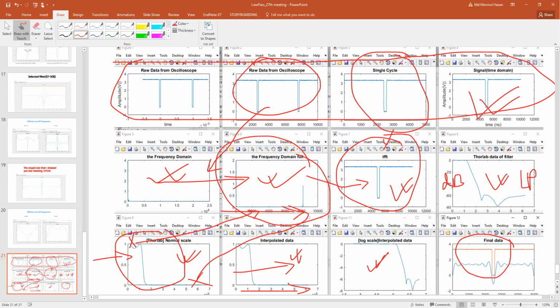It has a frequency response. We have to do the interpolation of the Thorlabs low pass filter data because we want to exactly match the frequency of our time domain signal with the Thorlabs signal. We'll do that, and then take the exact response of the low pass filter.